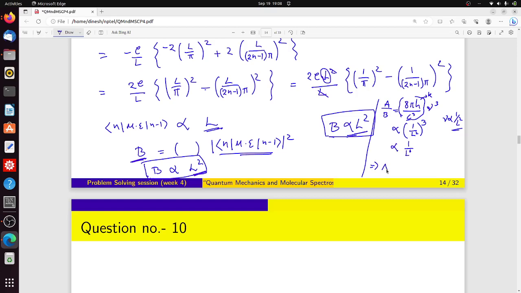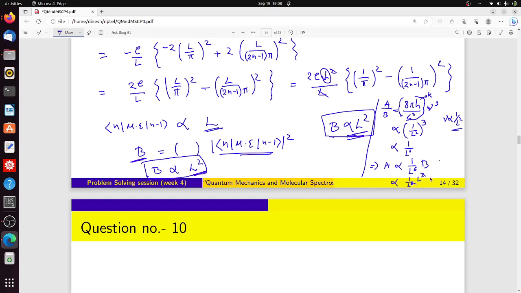Then this A will be proportional to 1 over L to the power 6 times B. So B is already proportional to L square, so this A then will be proportional to 1 over L to the power 6 times L square.